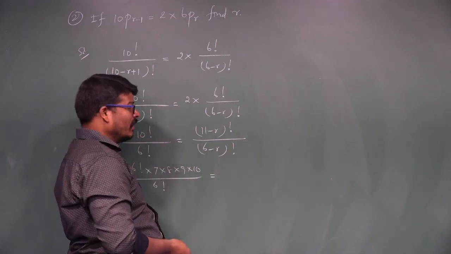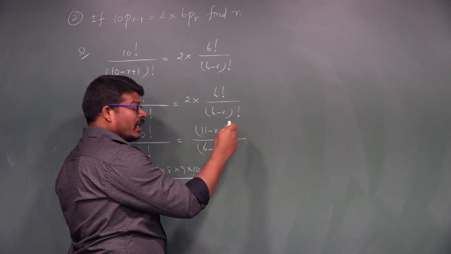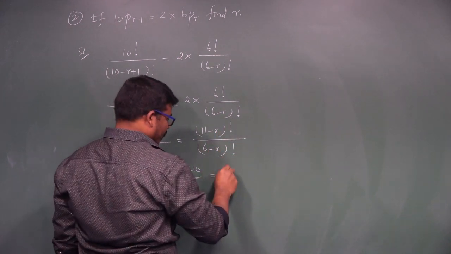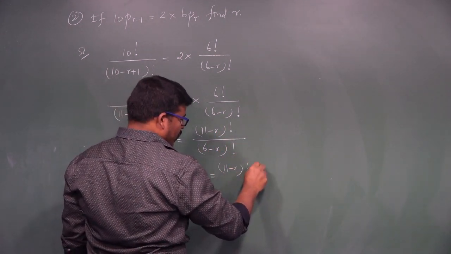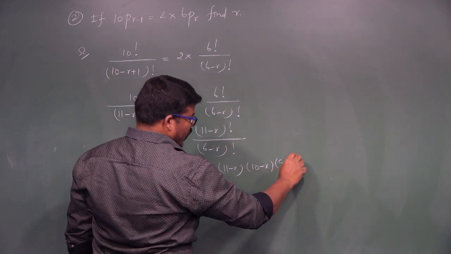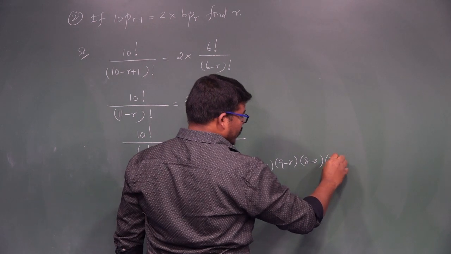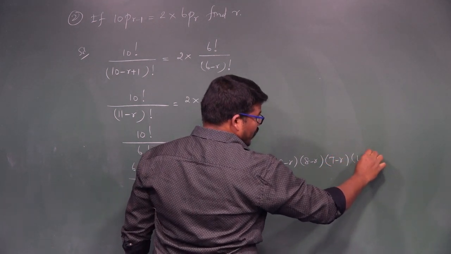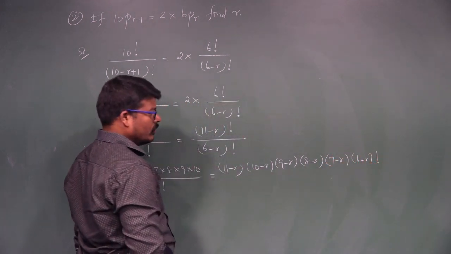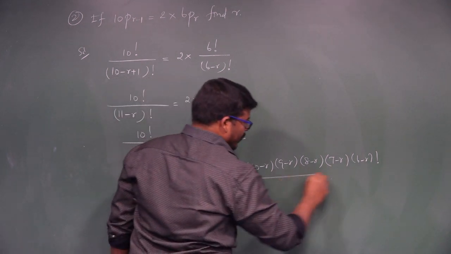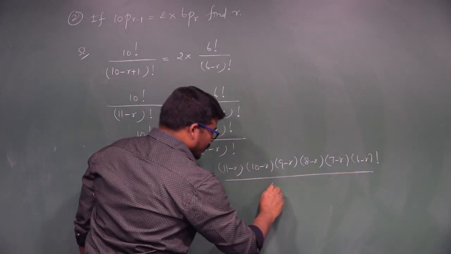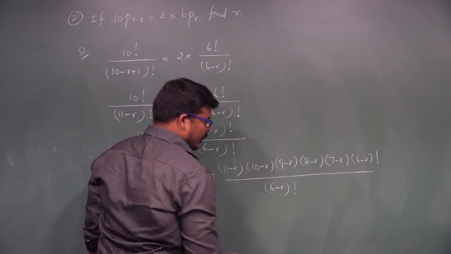Now reduce (11 minus r) factorial: the numerator is reduced to (11 minus r) into (10 minus r) into (9 minus r) into (8 minus r) into (7 minus r) into (6 minus r) factorial, divided by the denominator (6 minus r) factorial.